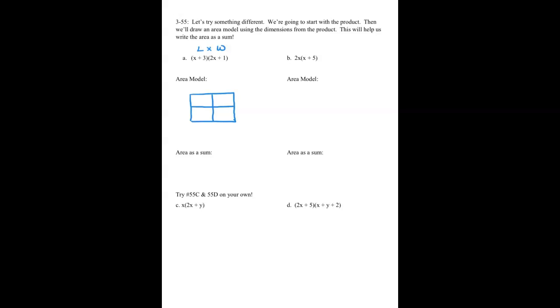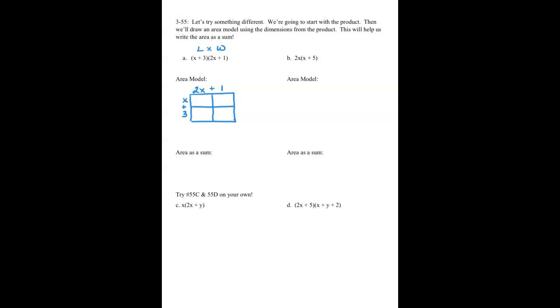Scaling doesn't matter, okay? The whole idea is that on one of the sides, maybe the vertical side, one of the parts represents X units, the other part represents 3 units. Going across the top, one part represents 2X units, plus the second part, which is going to represent 1 unit.